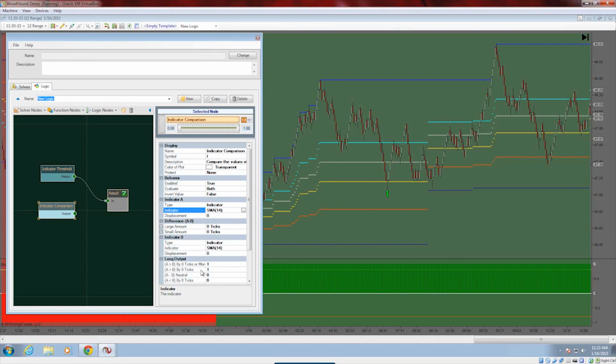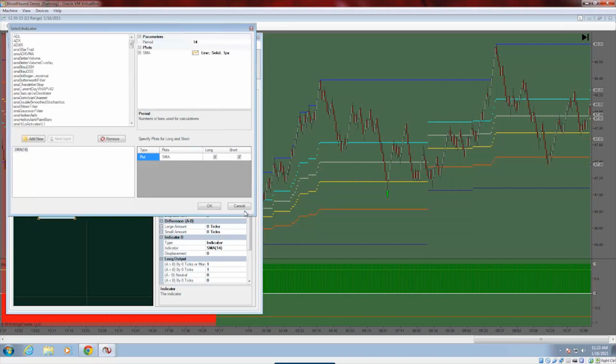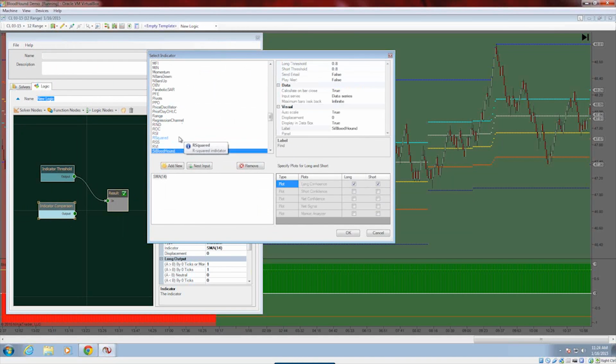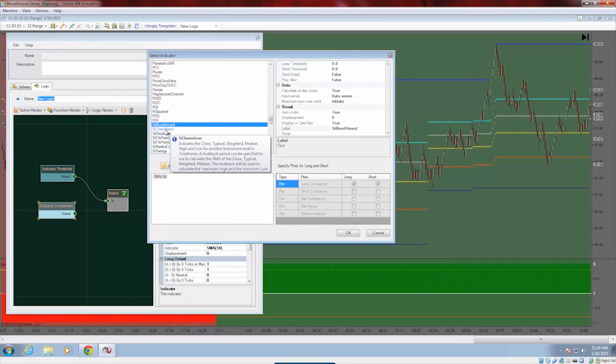When you're using the comparison solver, just for best practices, you want to use the faster output in indicator A. So anytime you're using price relative to something else, price relative to an indicator, or the current bar relative to the previous bars, you want to use price in indicator A. You want to use the faster plot in indicator A and the slower plot, or the indicator, in indicator B. So I'm going to use price for indicator A. I need to access the SI chameleon to access the data points on the bar.